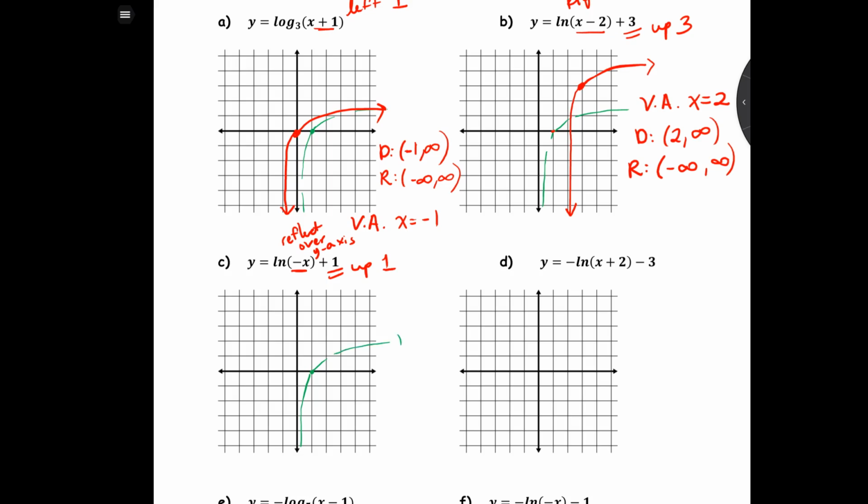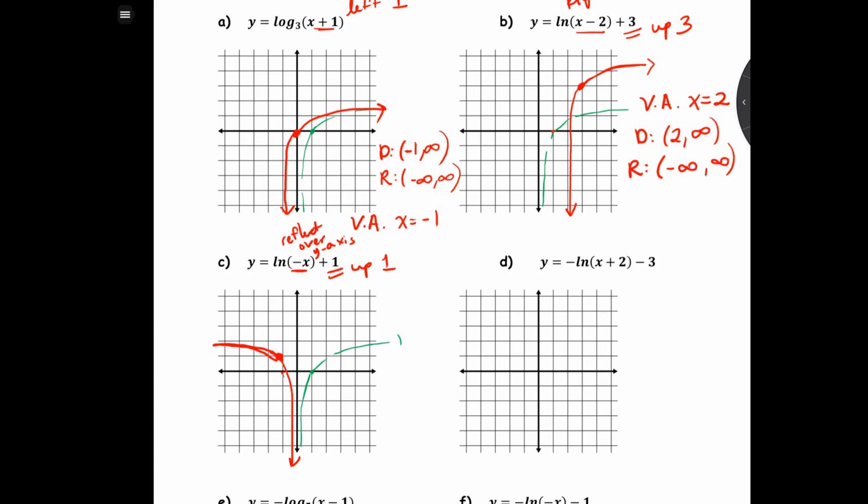I'm going to reflect over the y-axis, so it moves over this direction, but then also up 1. Where will the point (1, 0) move to? (-1, 0), and then up 1, so (-1, 1). It continues in this way, and what are all of the values approaching? 0.